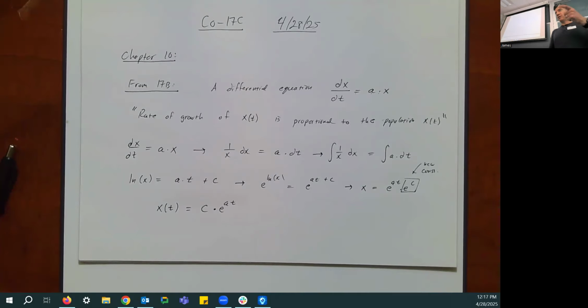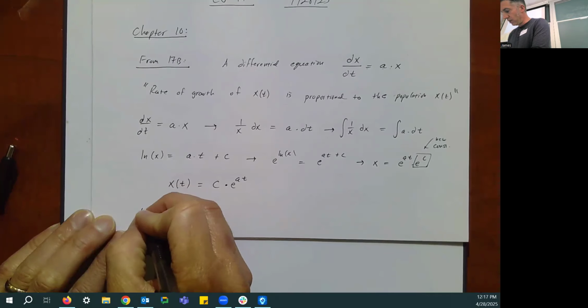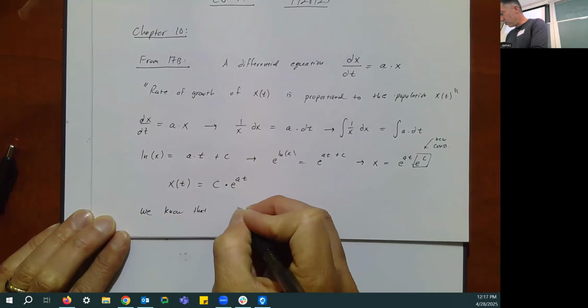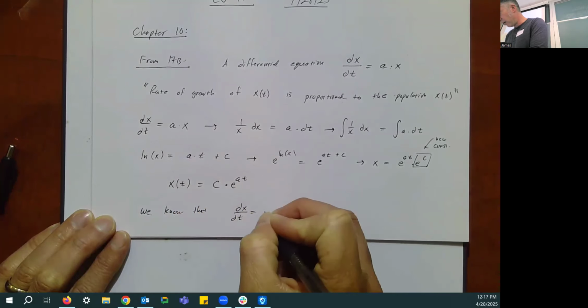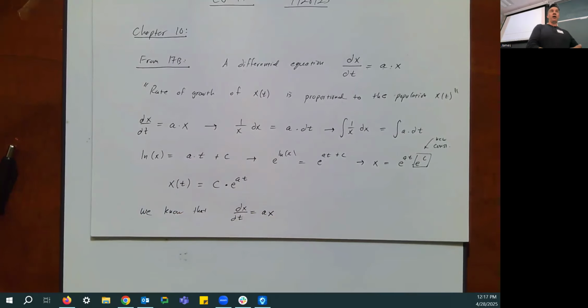The thing I'm going to say again, although I already said it, is basically we know that the derivative of some function equal to a constant multiple of that function essentially becomes exponential growth or decay.